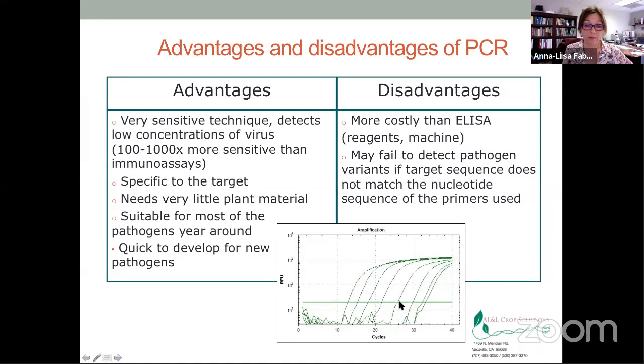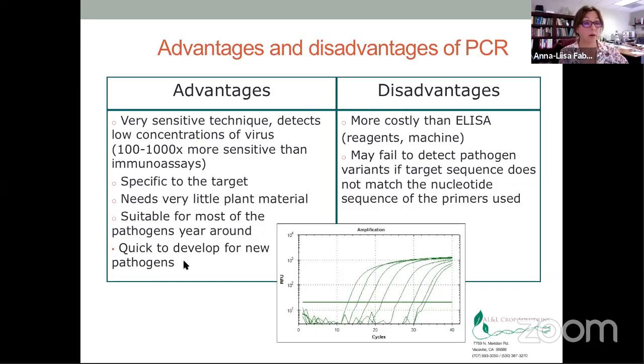After this cycle already, often the immunoassay doesn't respond and gives negative results, but the PCR assay will still suggest that there are viruses present. We need a very little piece of plant material to do the testing, it can be detected year-round, and it's a very quick assay to develop, as long as there's a little bit of a sequence available.